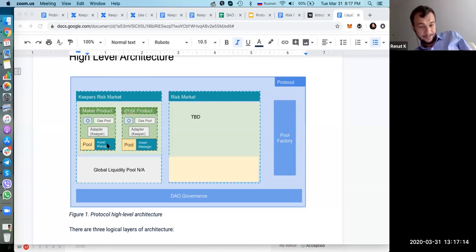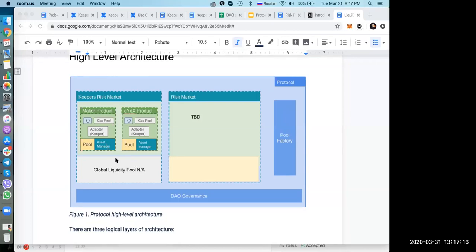Thank you. Okay, and we are also thinking about the global liquidity pool. For these early phases, it's probably not available, but probably needed to diversify the different types of risks.